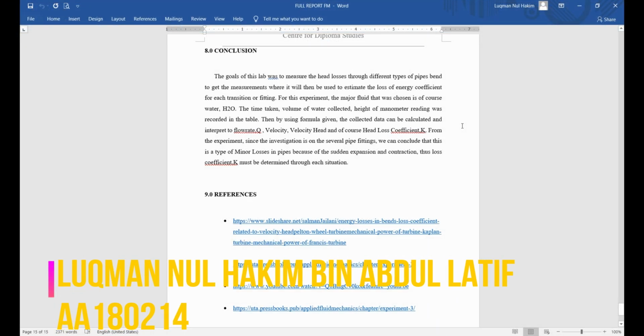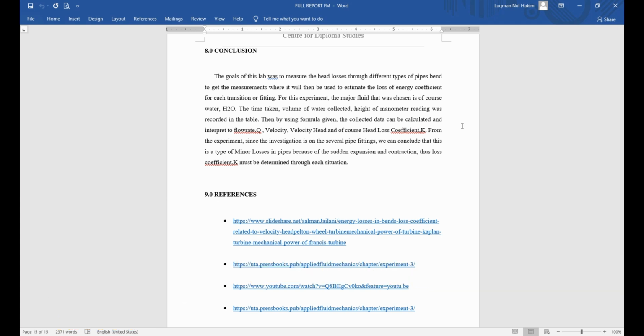The conclusion for this experiment is that measuring head loss for different types of pipe spans could help us to estimate the energy coefficient for each transition.